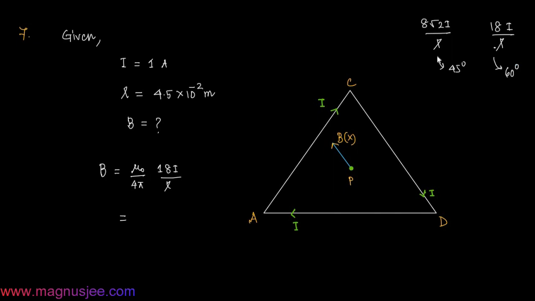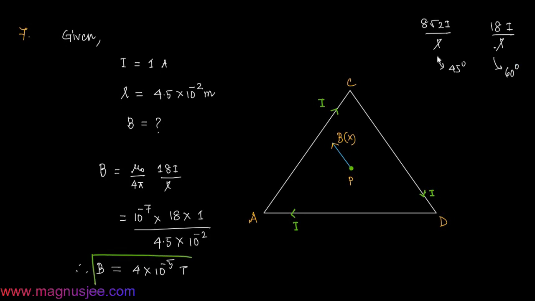B is equal to mu 0 by 4 pi 18 I by L, equal 10 to the power minus 7 into 18 into 1 divided by 4.5 into 10 to the power minus 2, and B is equal to 4 into 10 to the power minus 5 Tesla.